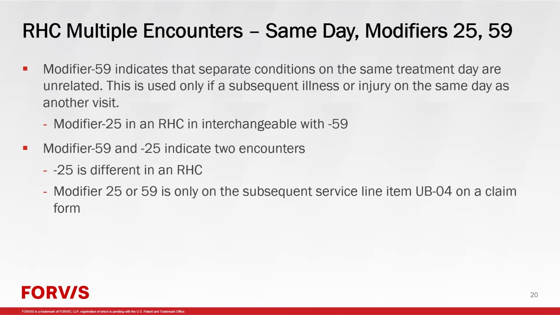I do want to go back to, and forgive me, I breezed through it because I was anticipating questions, RHC multiple encounters, modifiers 25 and 59. We get it a lot from an RHC's perspective that it could be confusing that a modifier 25 and a 59 are interchangeable. Whereas in an FQHC setting, modifier 59 is the only one that is used or accepted.